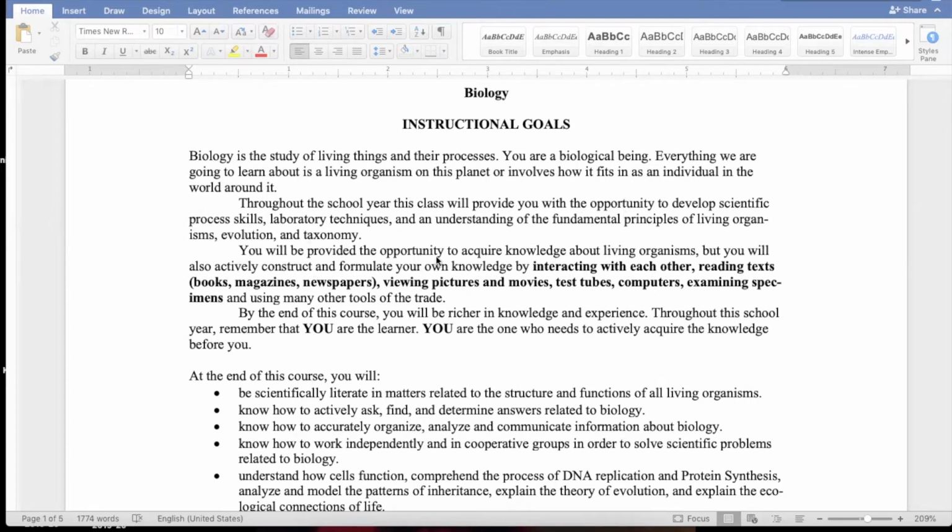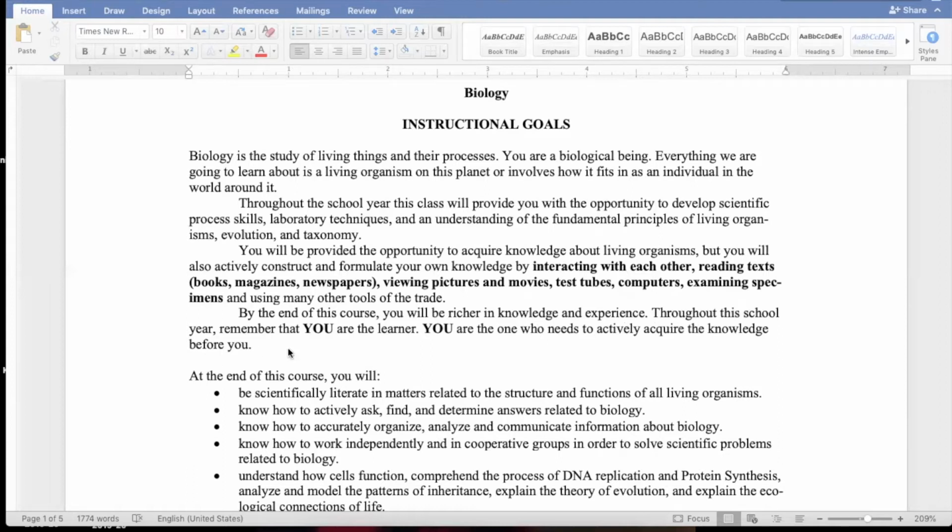You will be provided the opportunity to acquire knowledge about living organisms, but you will also actively construct and formulate your own knowledge by interacting with each other, reading textbooks, magazines, newspapers, viewing pictures and movies, test tubes, computers, examining specimens, and using many other tools of the trade. By the end of this course, you will be richer in knowledge and experience.